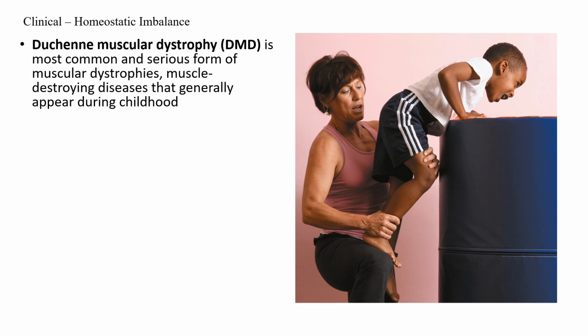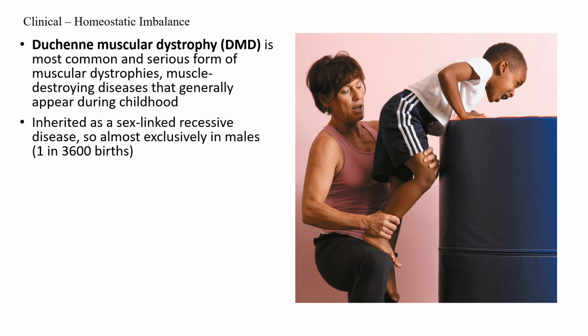Now, we just talked about dystrophin, which is going to be involved in Duchenne muscular dystrophy, which is a common and pretty serious muscular issue. So what happens is the children have this, and it causes the muscles to basically just be destroyed, and it continues on and causes lots of issues for the individuals.